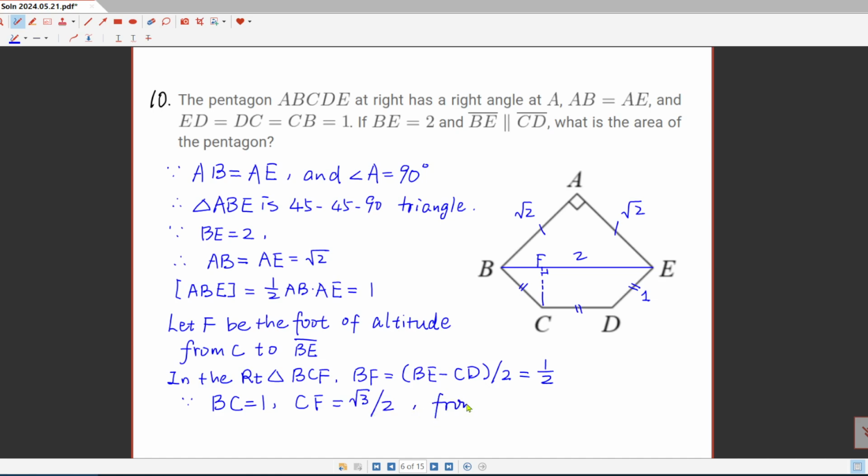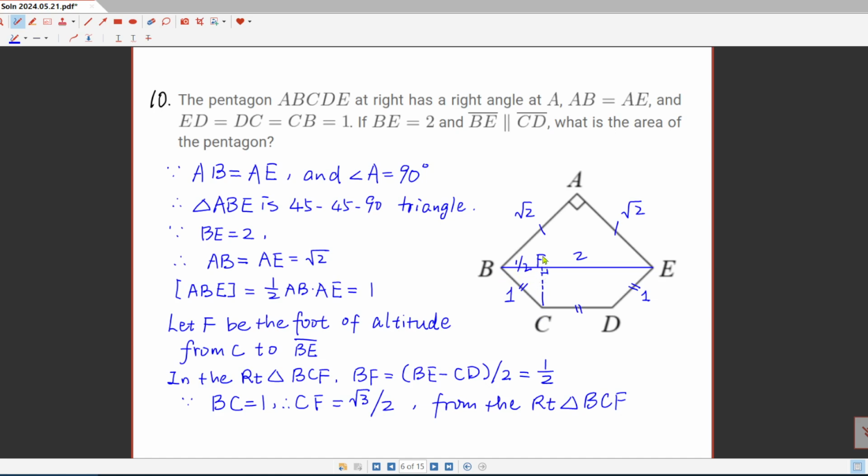From the right triangle BCF, we know BC is 1 and BF is 1 over 2.